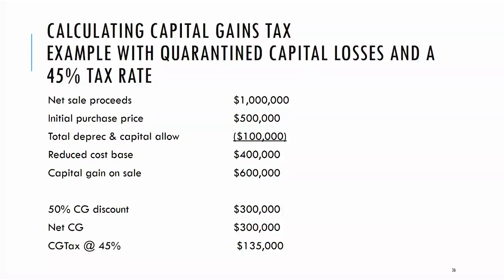So we normally reduce that from your purchase price, so your total cost base is 400,000. And what is the actual capital gain? It's not 500,000, it's 600,000. Basically, we add this total depreciation and capital allowances to your capital gain.